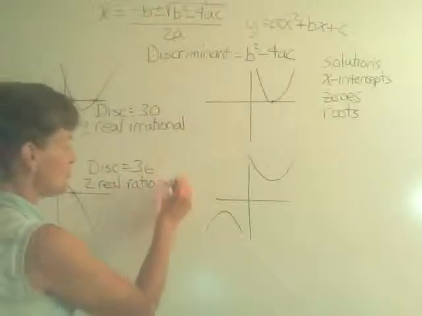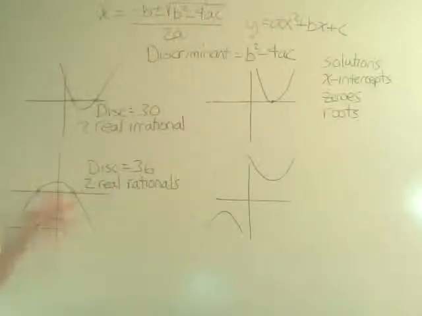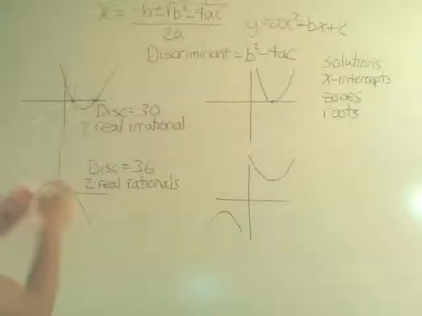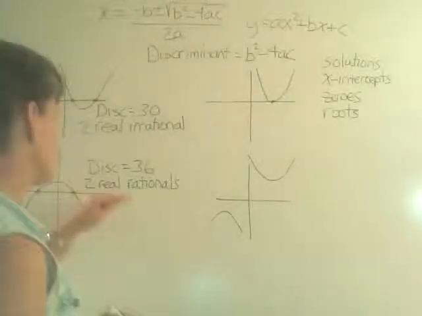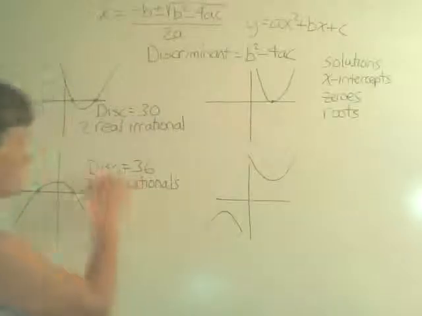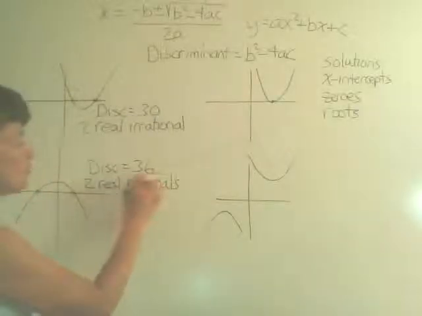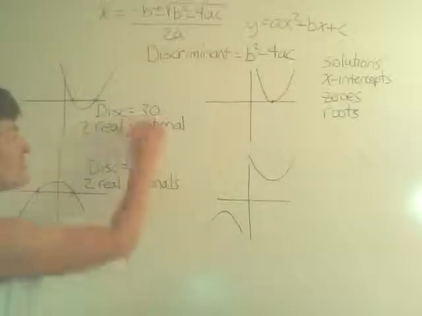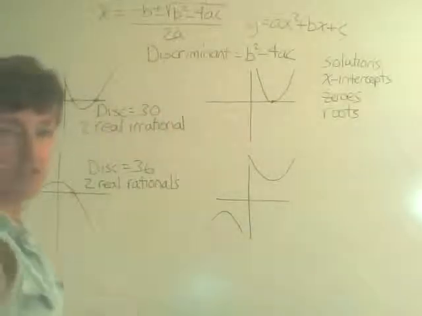So my solutions are two real numbers, again, just like these are two real numbers, but they're rational numbers instead of irrational. Now, these x-intercepts could really be anywhere here and be rational or irrational. But the main thing here is that if your discriminant is a perfect square, you have rational answers. If it's not a perfect square, you have irrational answers.